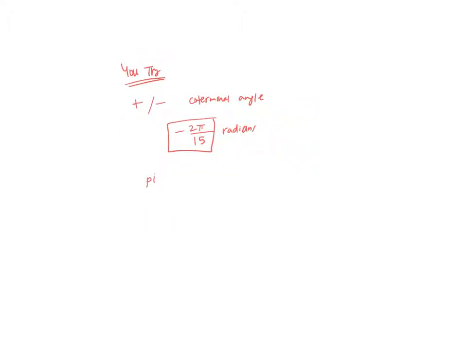So for your positive coterminal angle, there's an infinite number of possible correct answers, but this is the simplest answer that you probably could have gotten. It's negative 2 pi over 15. You're going to add a full rotation. But notice that when I add fractions, I need to get a common denominator.